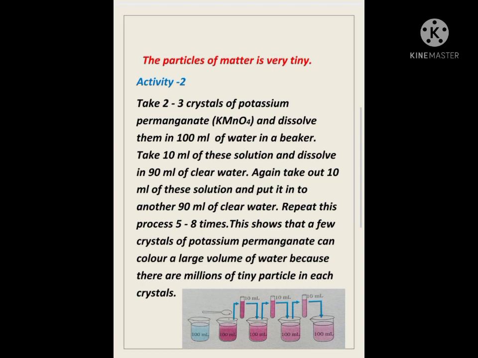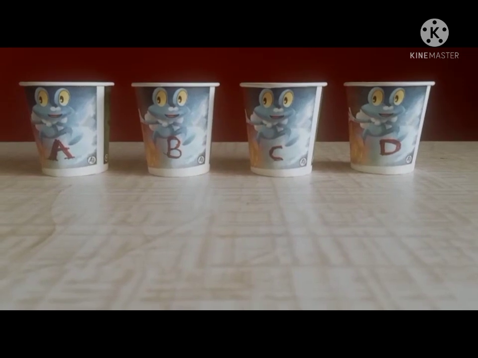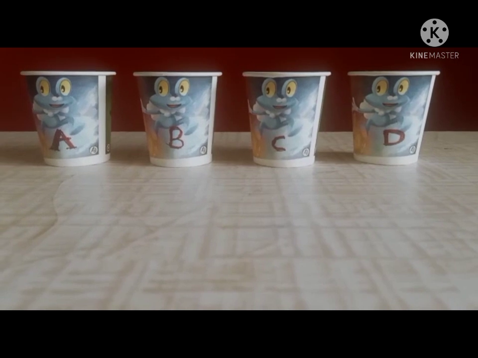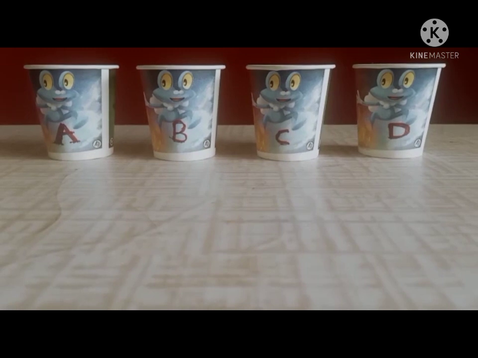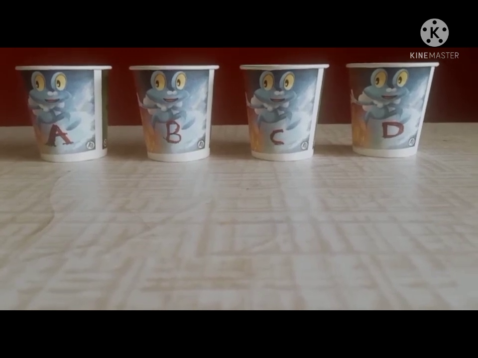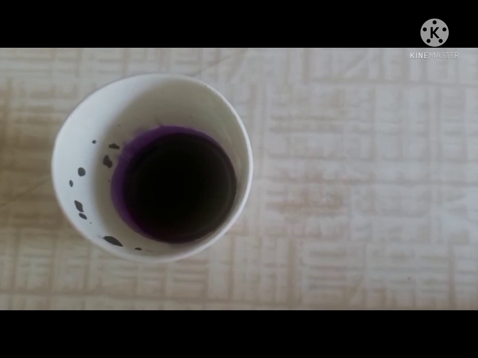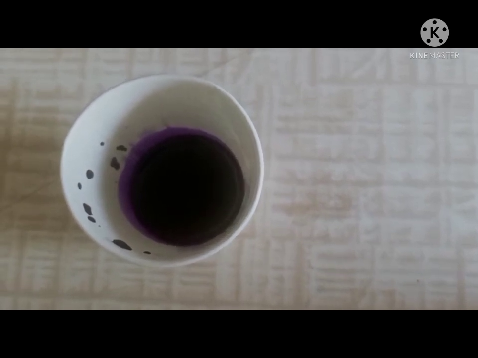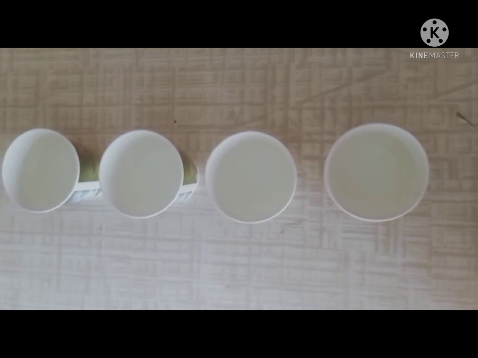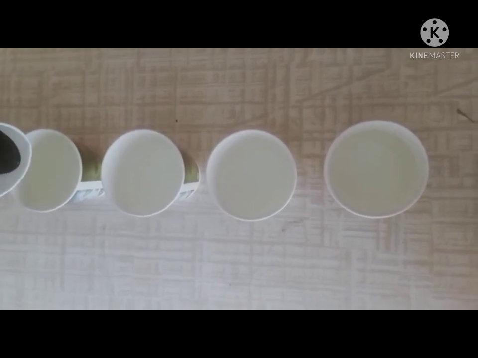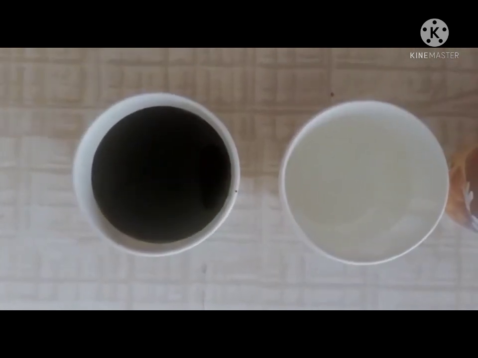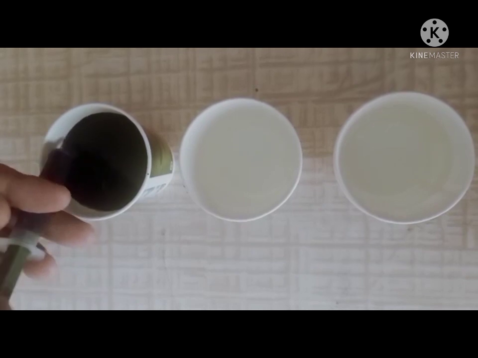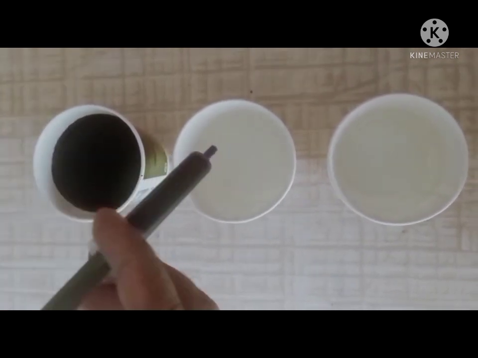I am going to show the experiment right now. For performing this experiment, I arranged 4 glasses filled with water and labeled them A, B, C and D. I kept another glass for making the potassium permanganate solution. The dissolved potassium permanganate solution is put into glass A. The volume of the syringe is 5 ml, so we have to add twice for 10 ml.